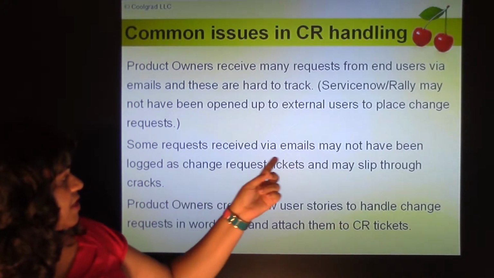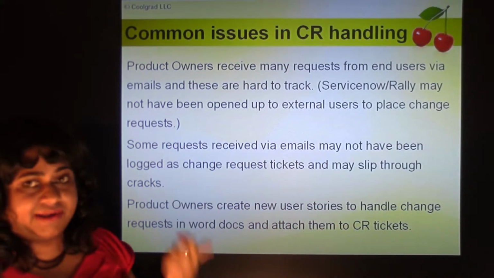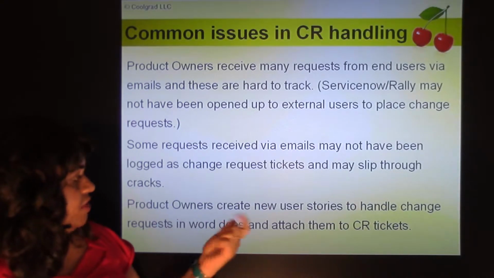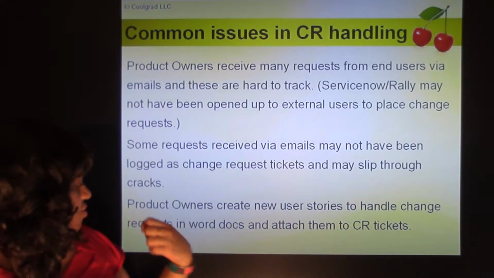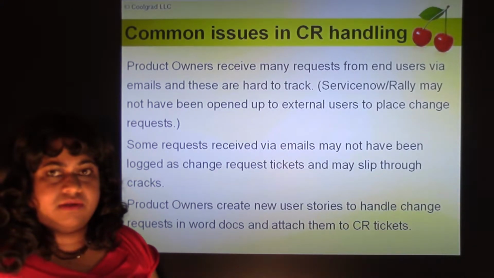Some requests received via emails may not have been logged as change request tickets and may slip through the cracks. We talked about that. Product owners create new user stories to handle change requests in Word documents and attach them to CR tickets. It happens sometimes.